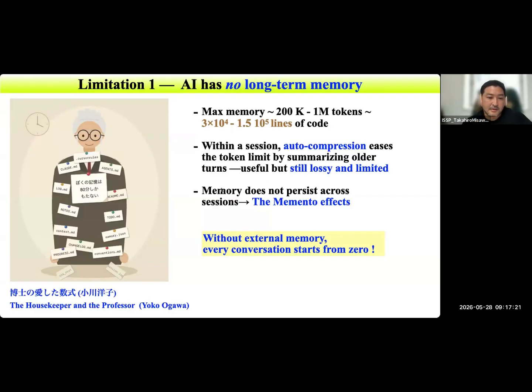In addition, I should note that memory does not persist across sessions. If you close a session and restart, AI forgets everything because AI has no long-term memories. So without external memories, every conversation starts from zero. That is a big limitation.